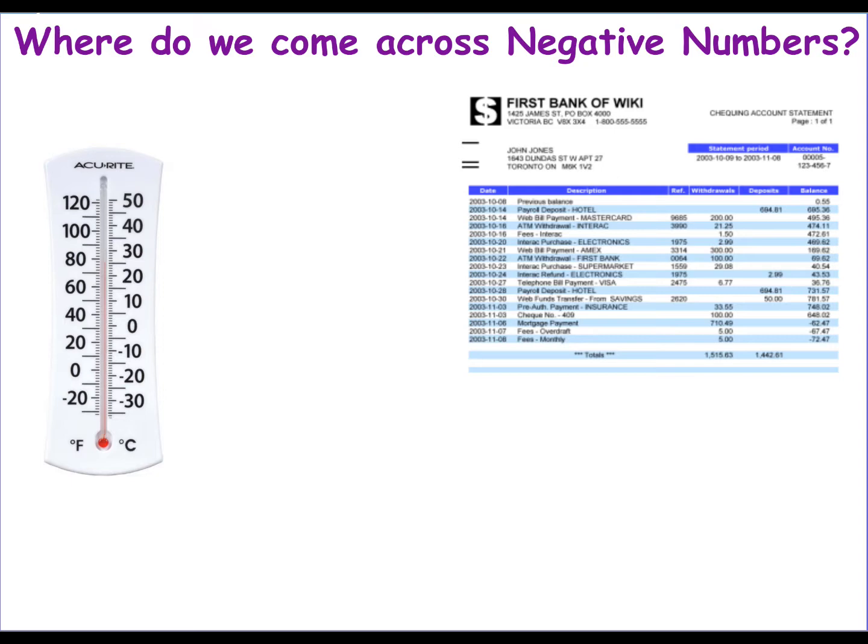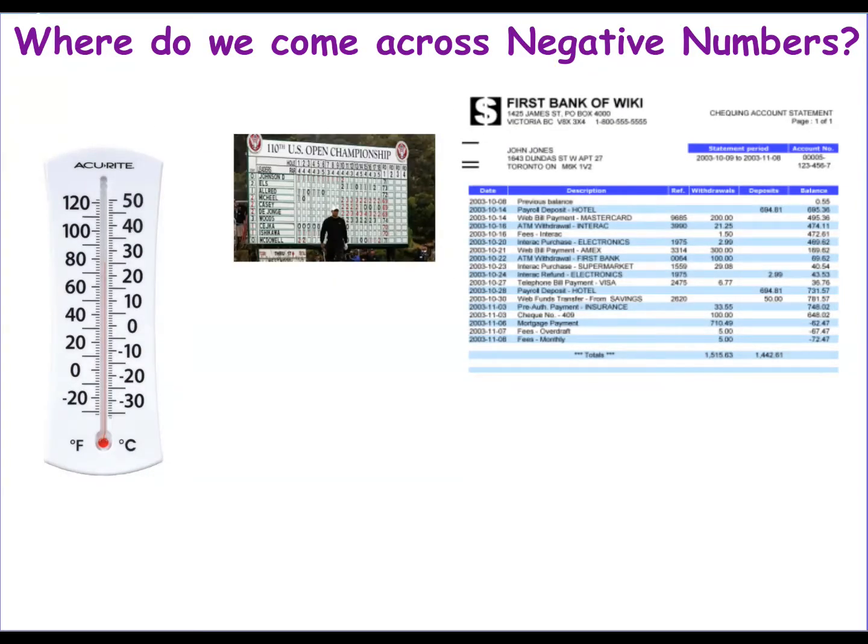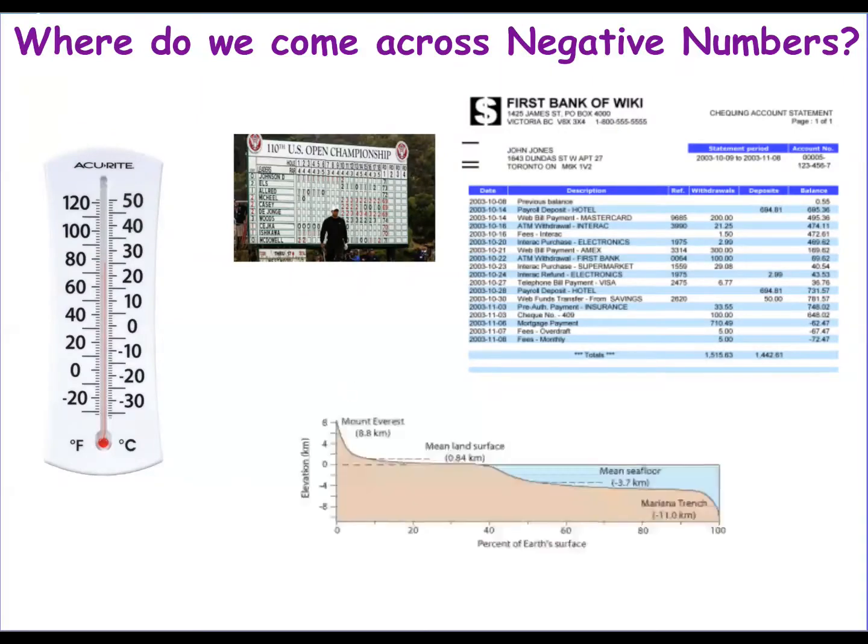If you don't maintain your finances, you can go into an overdrawn account, which is negative numbers. Some of the less obvious ones are, for example, golf scores when you're below par. And height below sea level could also be a negative number.